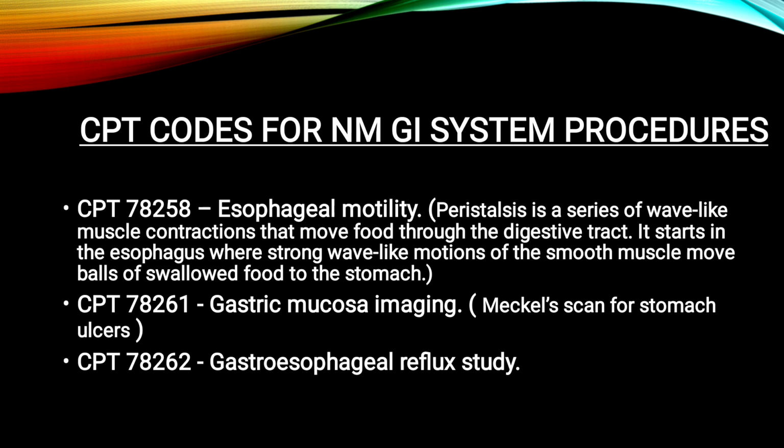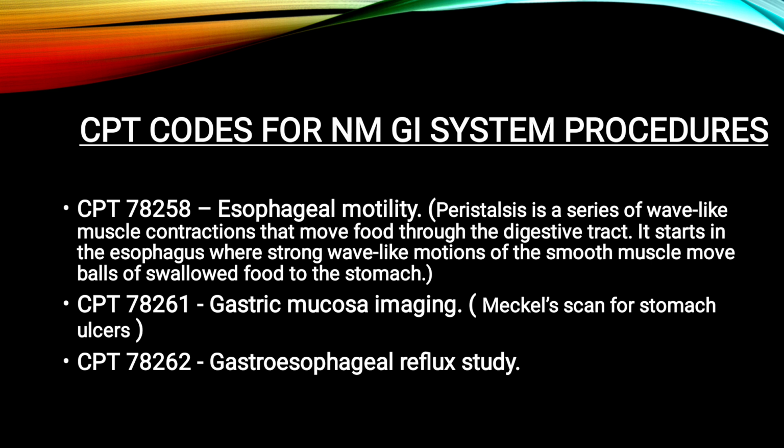Our next CPT is CPT 78261, which is used in gastric mucosa imaging. Whenever nuclear medicine procedures are used to take images of the gastric mucosal layer, the innermost layer of the stomach, we need to use CPT 78261.